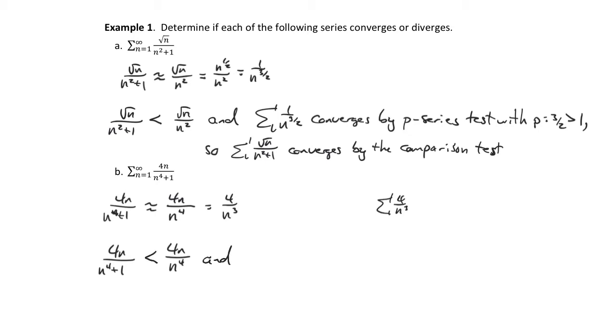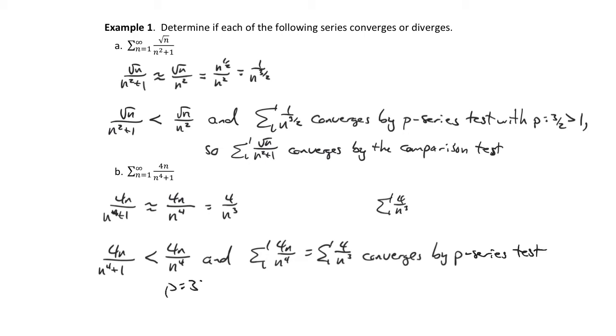And the series of 4n over n to the 4th, oh, well, we can simplify that, of 4 over n cubed converges by the p-series test with p equal to 3, which is greater than 1.